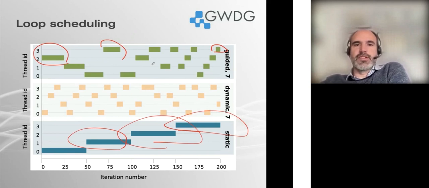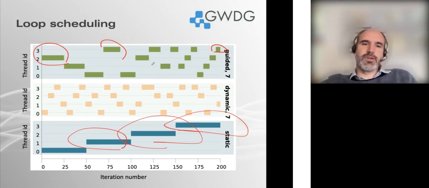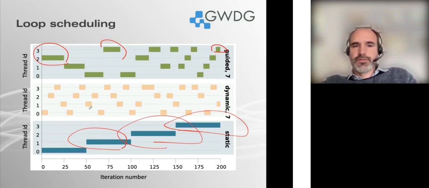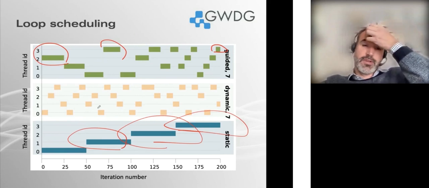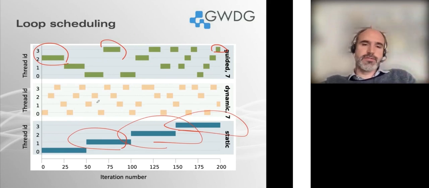That's the idea, so that the finish time of all threads for the loop is almost the same. This is why guided is quite useful. And then the dynamic part, as you see here in the picture, you have different distributions depending on whenever a thread is done with its chunk of iterations, it will be assigned a new one.